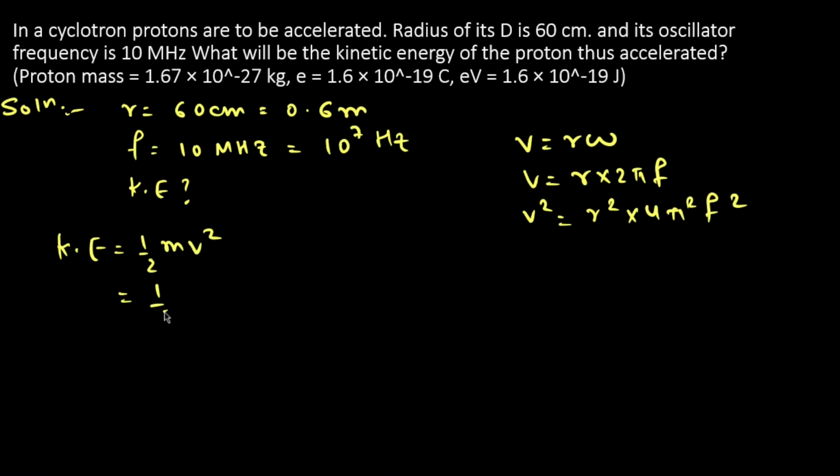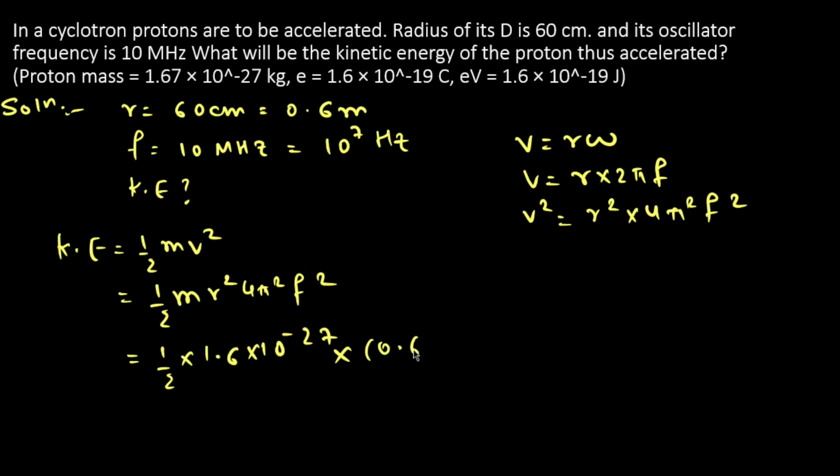So this can be written as half m, V square can be written as R square into 4 pi square f square. Now let's put all the values, that is half into mass of the proton is given to us as 1.6 into 10 raised to minus 27 kg into radius square, that is 0.6 square into 4 pi square, pi is 3.14, into frequency, that is 10 raised to 7 square.